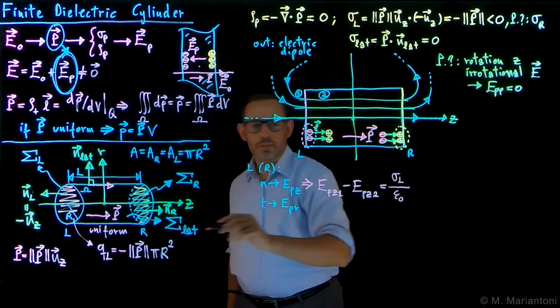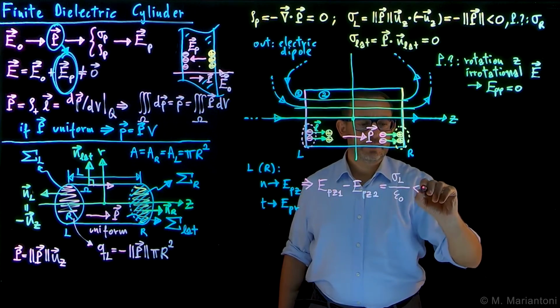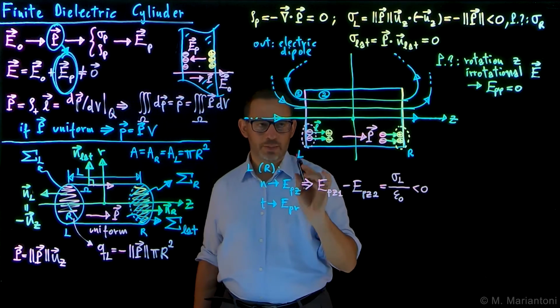Sigma_L is a negative quantity, so they are discontinuous. The Z components are discontinuous.